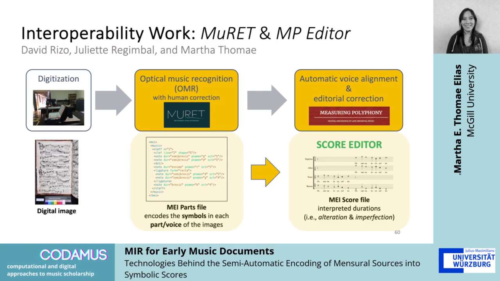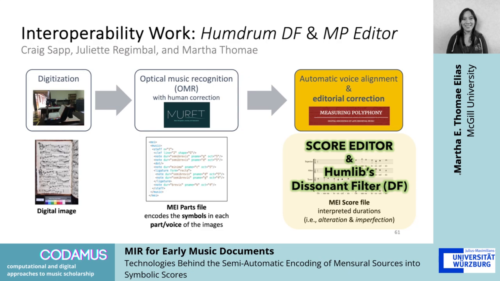The other thing that we did is, I have talked about the automatic voice alignment in that part of the Measuring Polyphony Editor, but I haven't talked too much about the editorial correction part. So what we wanted to know is if there was any way to facilitate the correction of your file once you have it in SCORE.